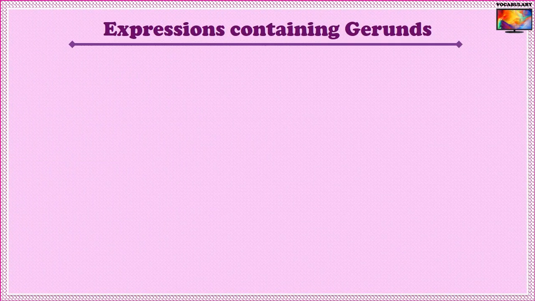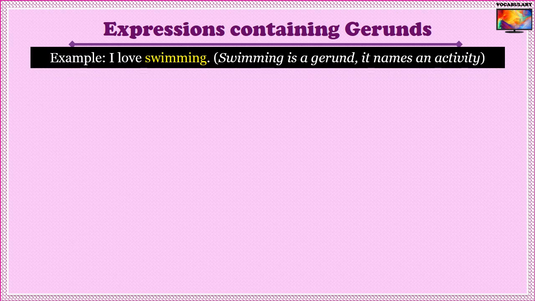And finally, the last special case is expressions containing gerunds. For now, just remember that a gerund is an ing form of the verb that functions like a noun. For example, if I say, I love swimming. Swimming here is a gerund because it is formed from the verb swim, and the word swimming names an activity.